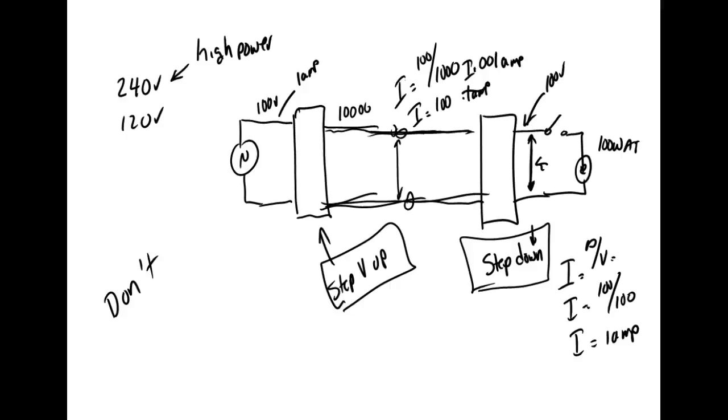High voltages. I mean, we're talking about high voltages. They get that sucker up to almost, some of the transmission lines are almost 800,000 volts. 800,000 volts, they could send 800,000 watts of power with 1 amp. Y'all understand that? 1 amp.